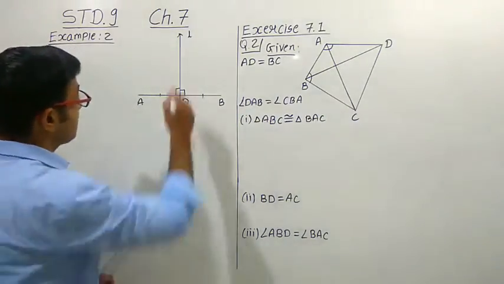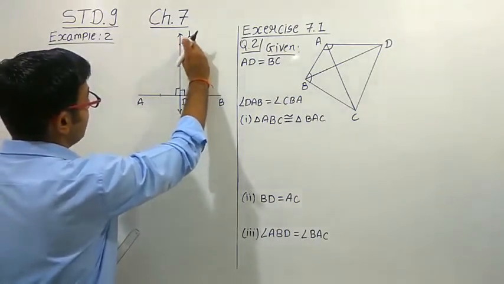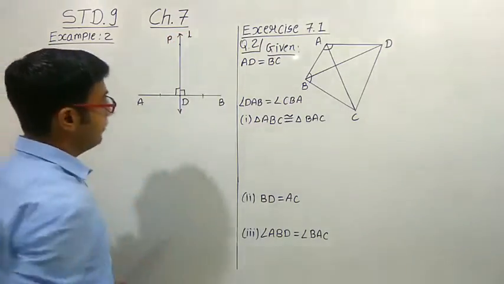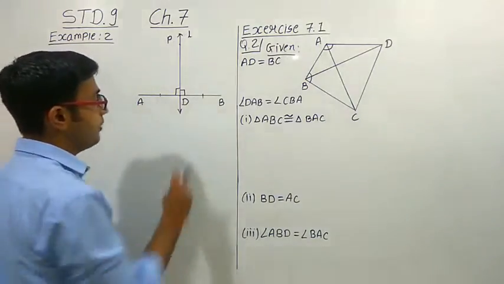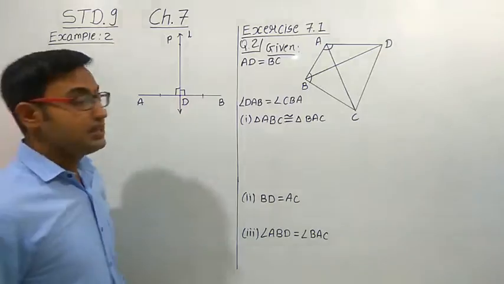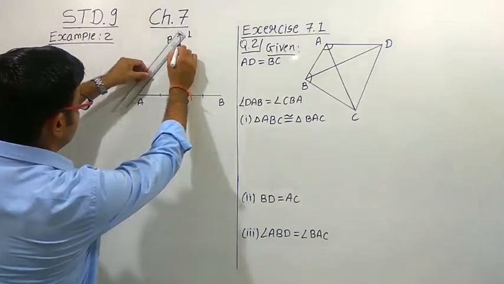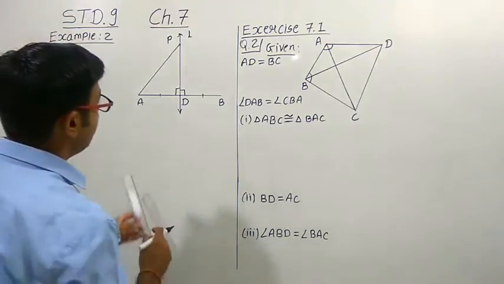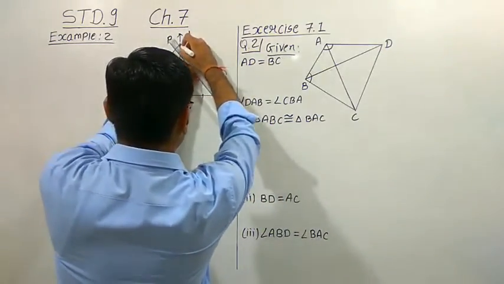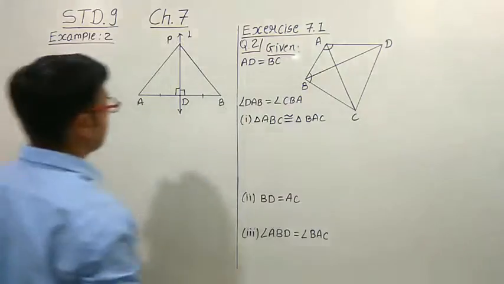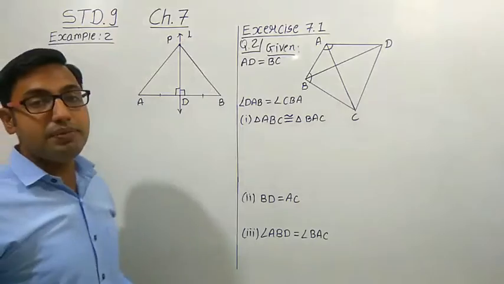Now we have said that there is a point P on the line L, and we have to prove that P is equidistant from points A and B. Equidistance means if we join P with A, we get one distance AP, and if we join it with B, this distance will become PB and this distance will become PA.